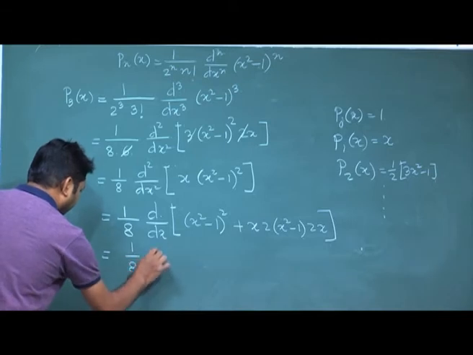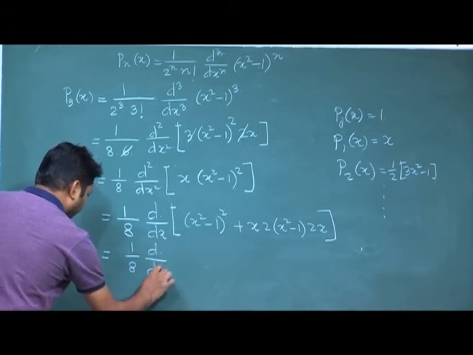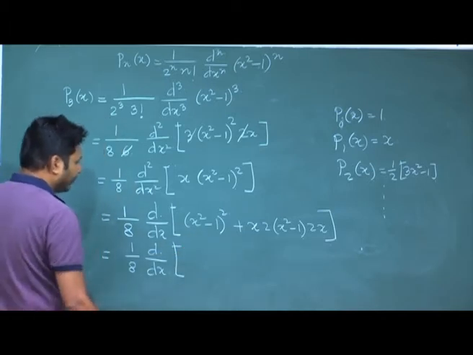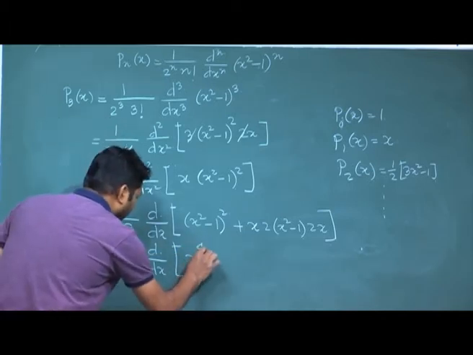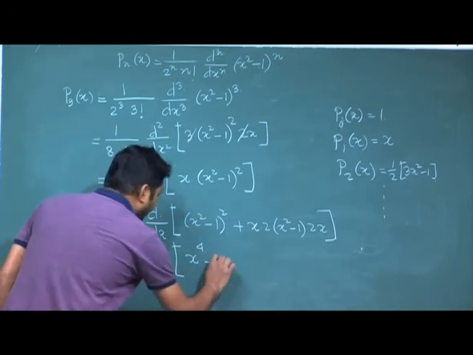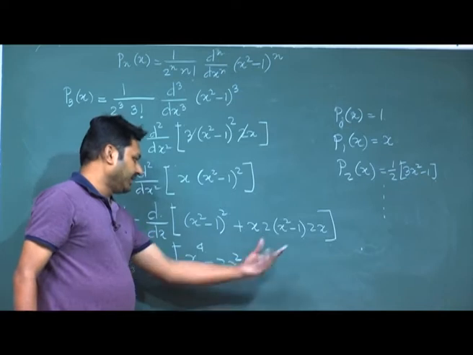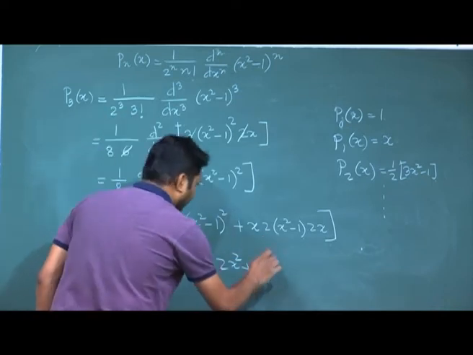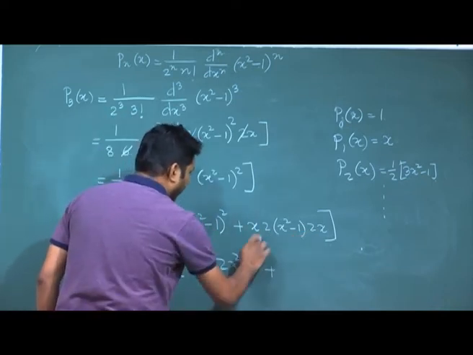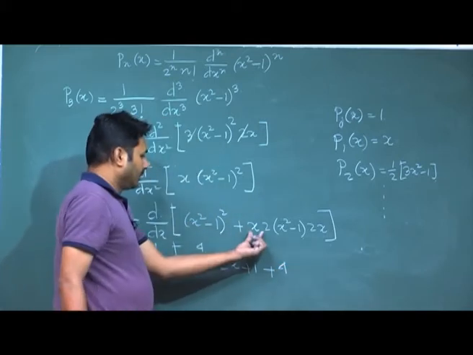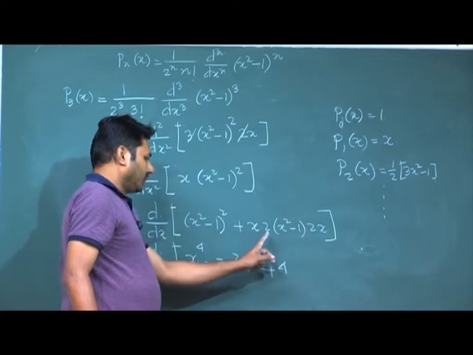1/8 d/dx of, if I expand it, x to the power 4 minus 2x² plus 1, this is one term, and the rest term is plus 2 into 2, which is 4x².